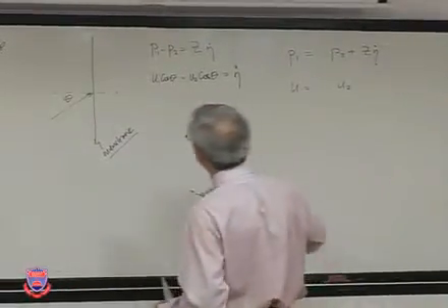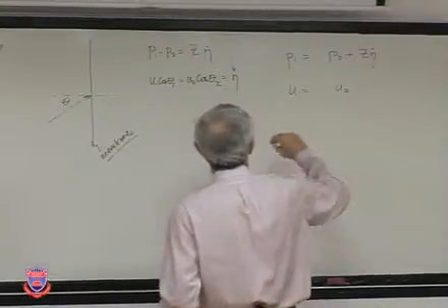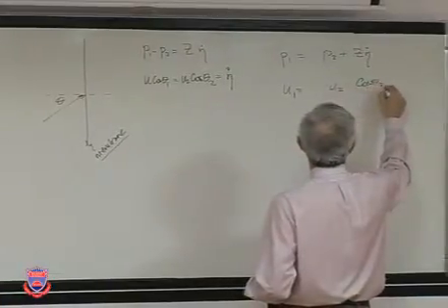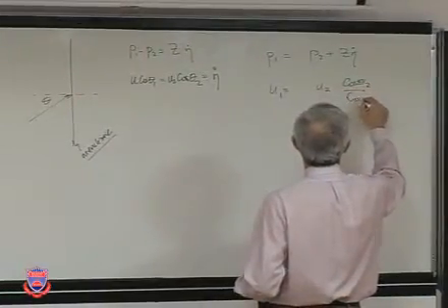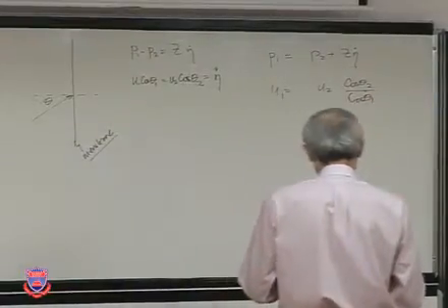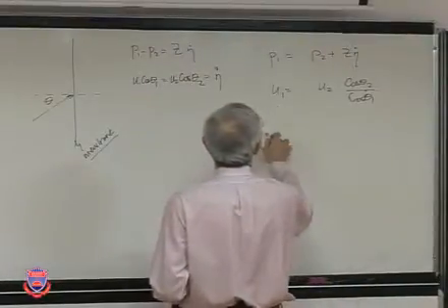Okay, I guess, for generality, we're going to keep it this way. Cosine theta 2, cosine theta 1.